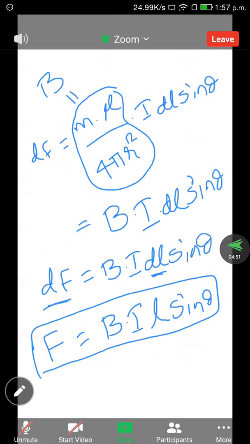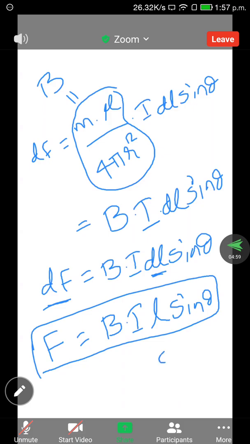If you want to find the full length, then F is equal to B, which is constant, and I, which we also consider constant, but for L we write down the total length: B I L sin theta. This is the force existing on a conductor in a magnetic field.